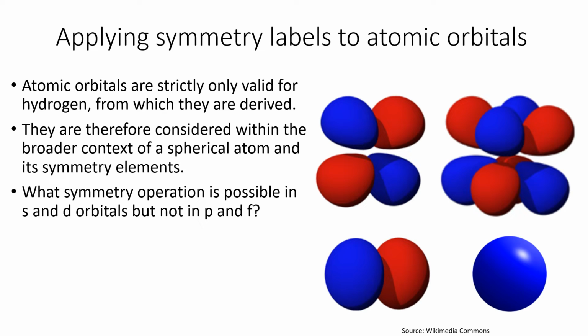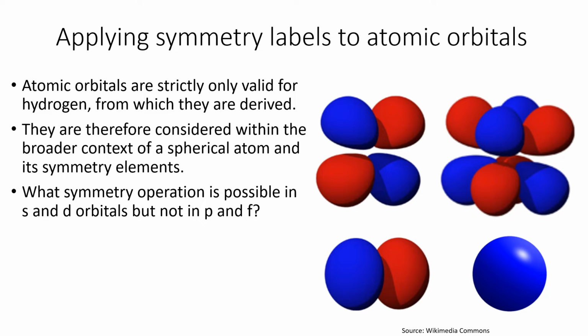We're going to consider all the symmetries of a sphere and look at some of these orbitals in particular. You can see the s orbital there, that's on the bottom right, and the d orbital is on the top left. We've got p on the bottom left, and f, in fact, on the top right.